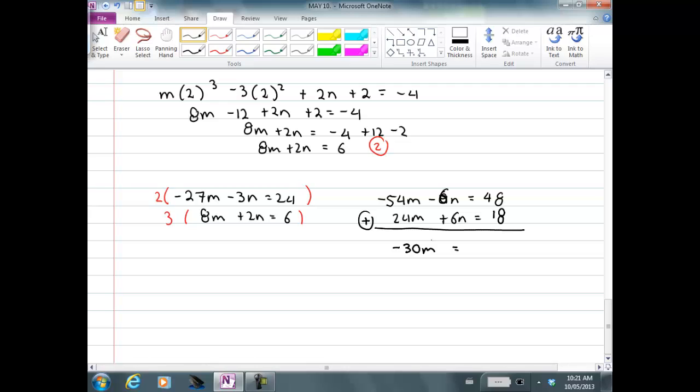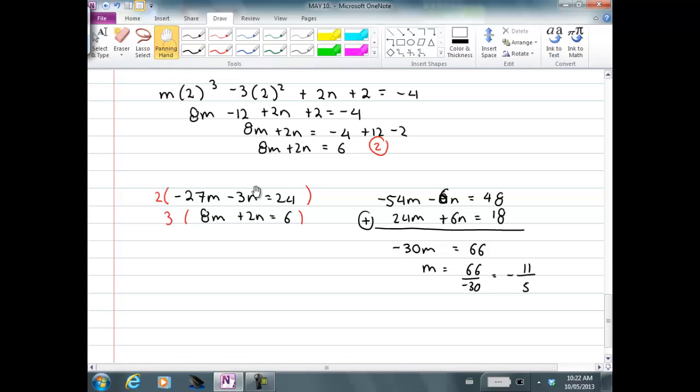Okay, 66. We're not done yet. We're almost done. So now we're going to divide: m equals 66 over negative 30, which can reduce down to negative 11 over 5. That is your m value.